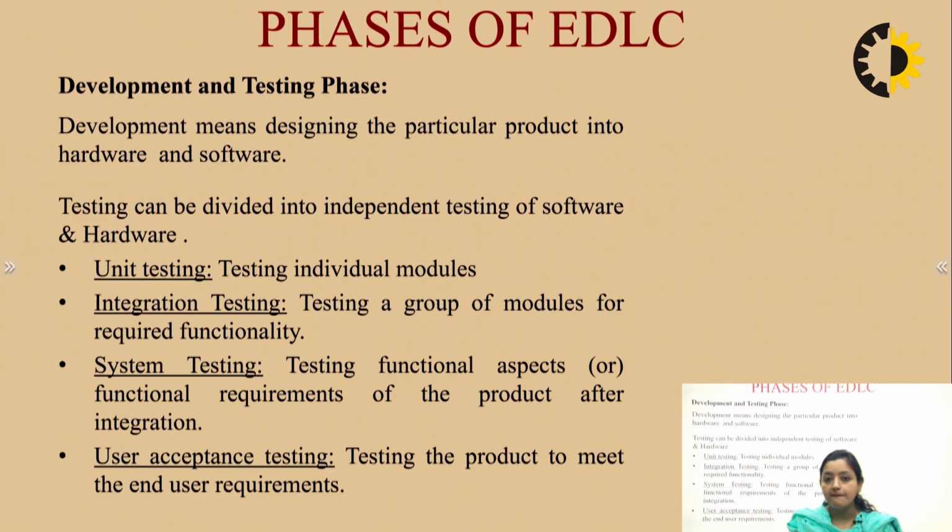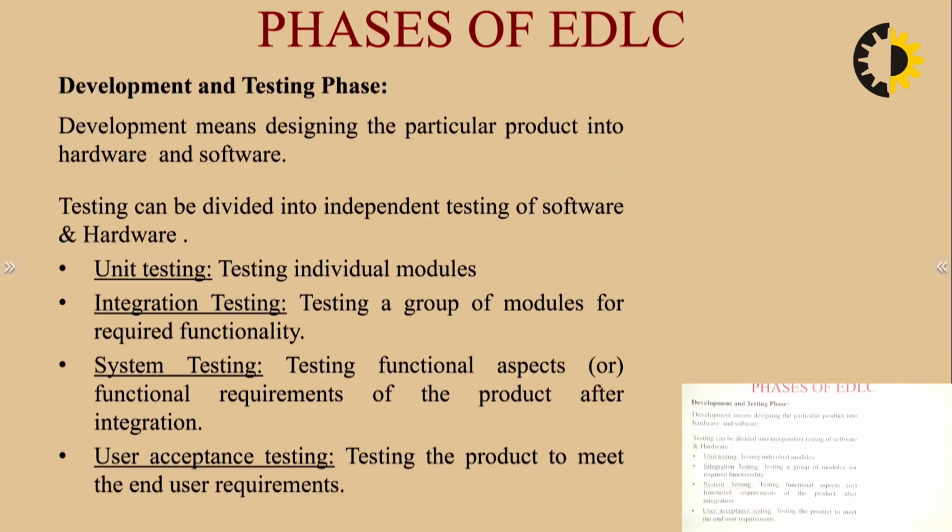The complete system, when it is checked, this is called system testing. Then user acceptance testing. If you want to test how much acceptance there will be from the user for that particular product, that is called user acceptance testing. How the product will be, whether it will be appreciated, whether there are some flaws from the user point of view. So user acceptance testing is the fourth one.